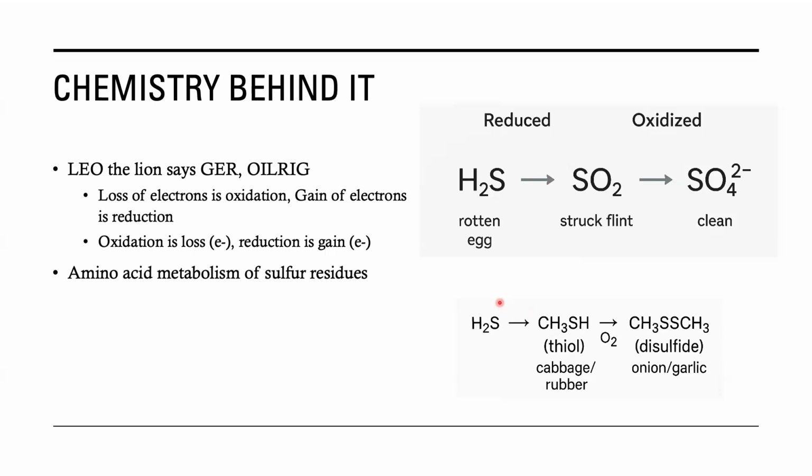There are amino acids that have sulfur in them. If all that is going well, you won't have any problems. If there are some issues within the production of those sulfur-containing amino acids, then we can start to see some H2S.